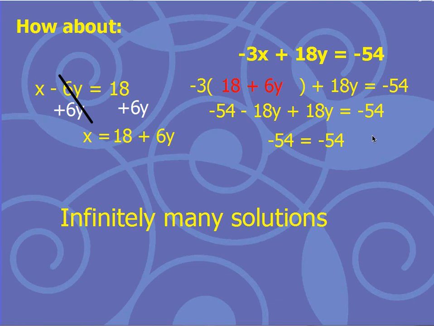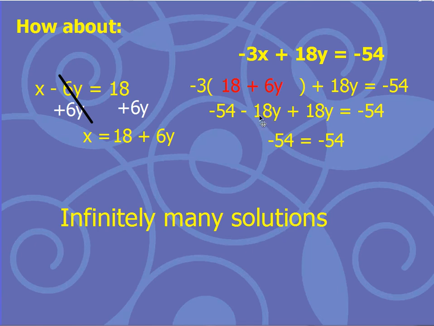There's two cases where your variables are going to disappear. In the first case, like this one, my variables cancel and I get a true equality statement. That's a situation where I have infinitely many solutions.